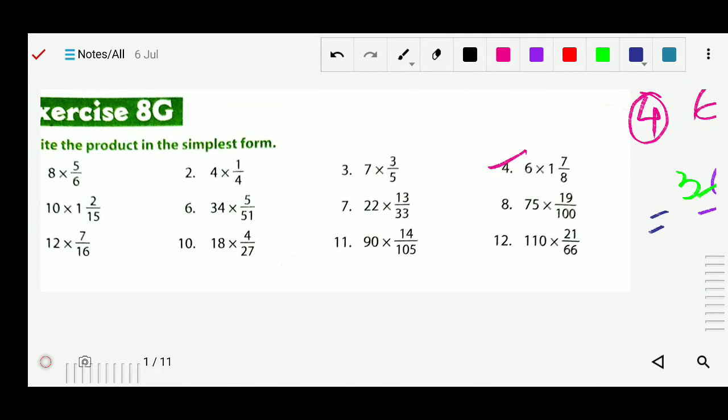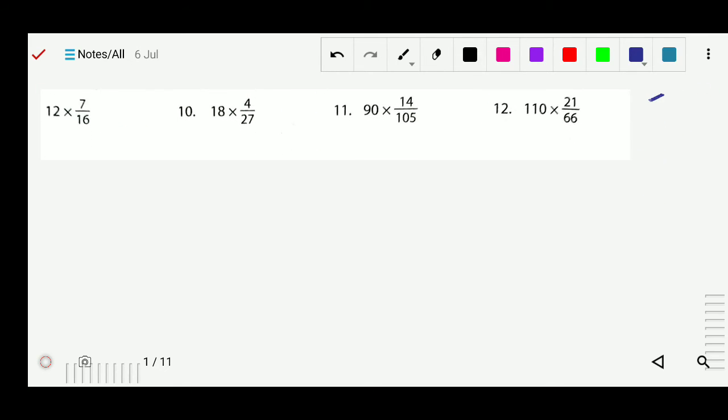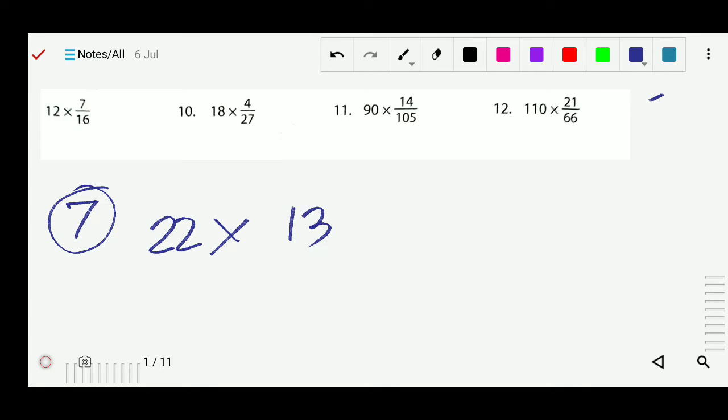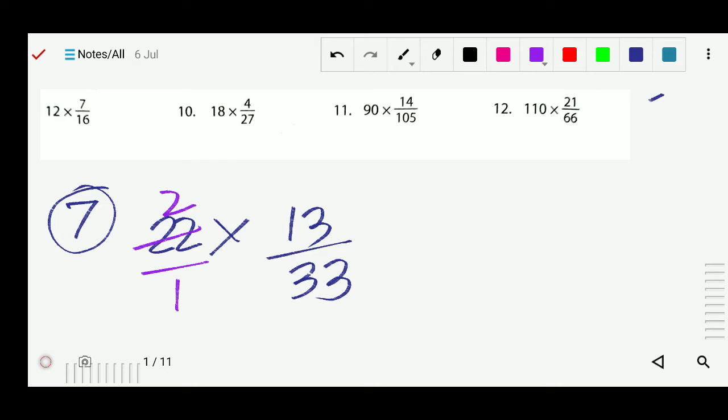Now we will solve question number 7: 22 multiplied by 13 by 33. What will be the step? We make it 22 by 1. Now we can divide: 11 twos are 22, 11 threes are 33. Is further division possible?